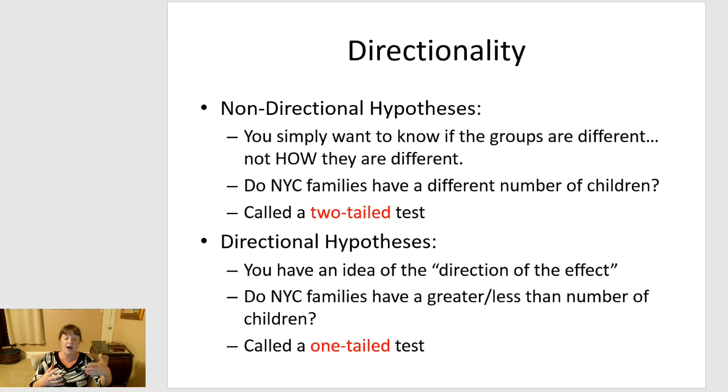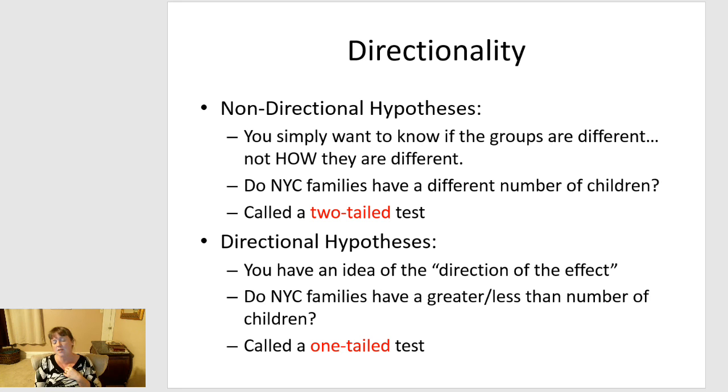That would be an example of a one-tailed test, a directional test, where I'm not just saying that my research hypothesis is that the families in New York City are different. I'm saying that the families in New York City are specifically going to have greater numbers of children than the US has on average.